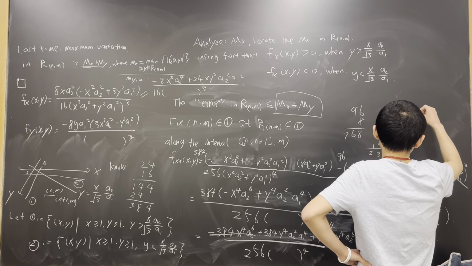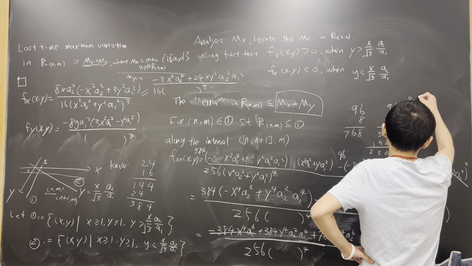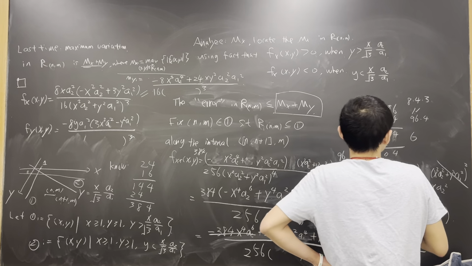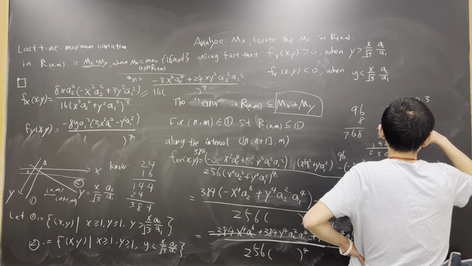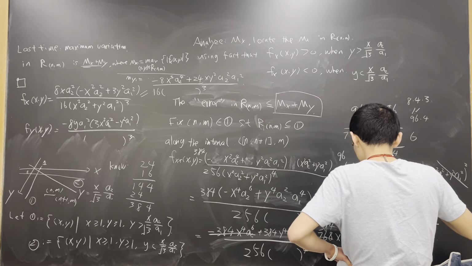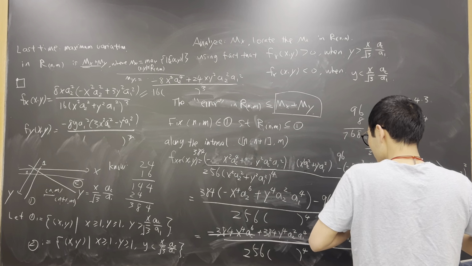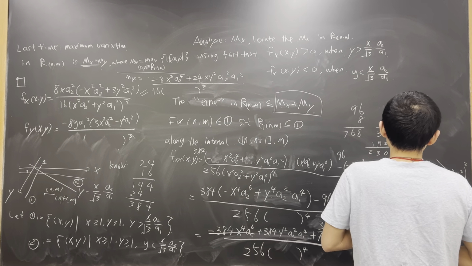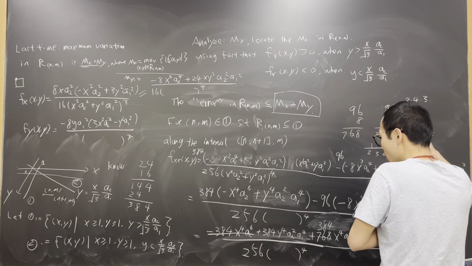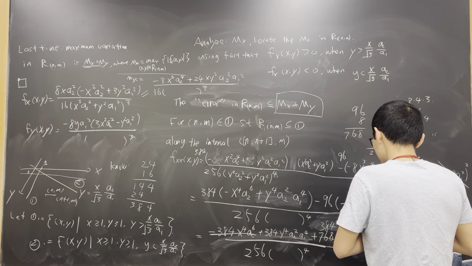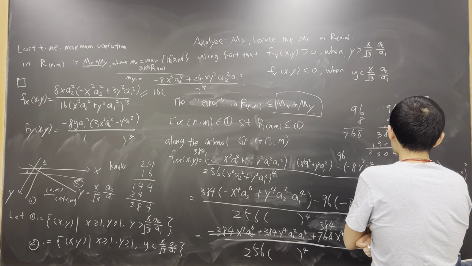I think 96 is equal to 8 times 12, times 4 times 3.